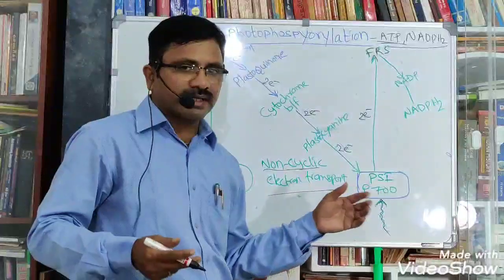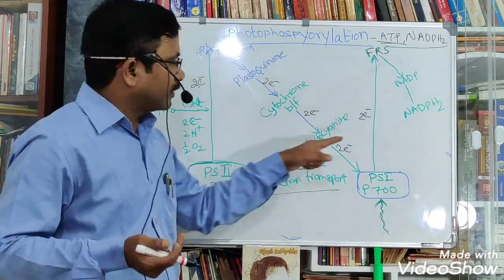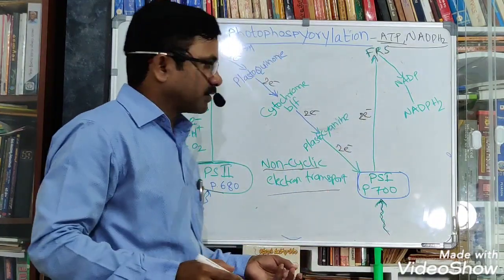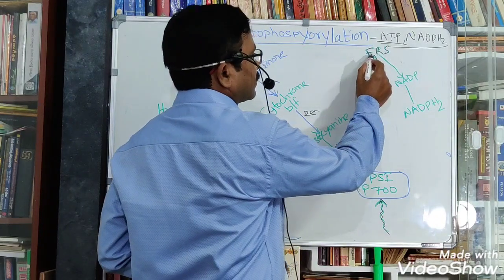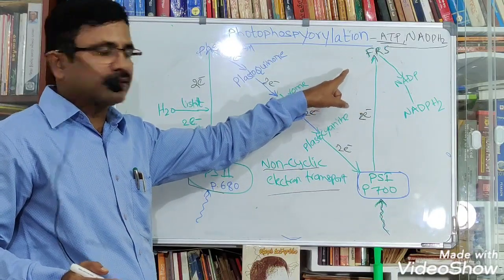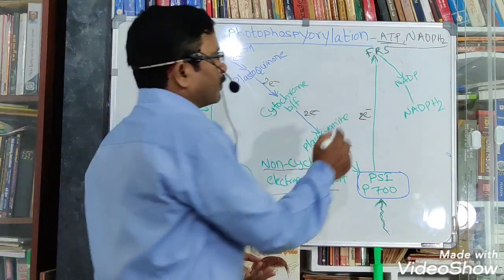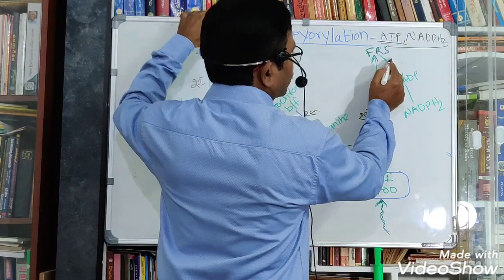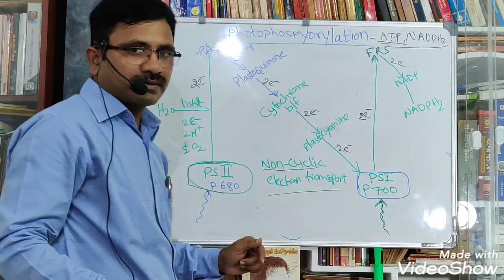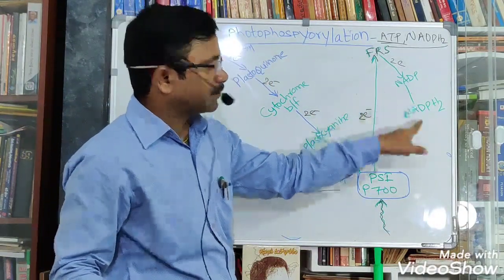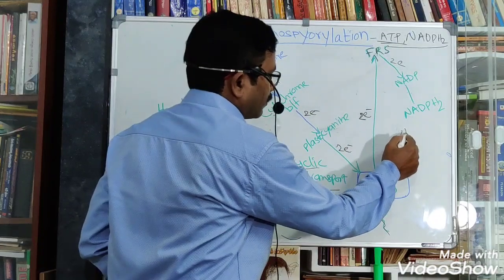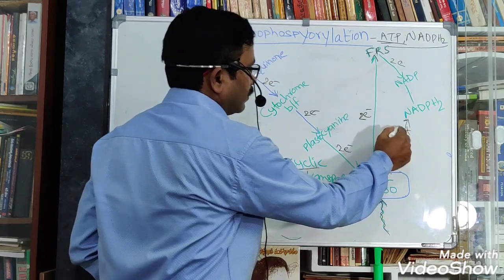The photosystem 1 gets excited and expels a pair of powerful electrons. These electrons reduce ferredoxin reducing substance. From ferredoxin reducing substance, electrons reduce the NADP. So NADP transforms into NADPH2. Protons are available here from the lumen of the thylakoid.